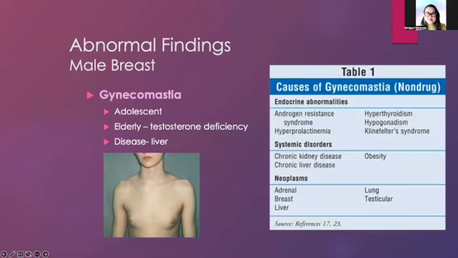Going back to gynecomastia, the main abnormal finding in males, this table also shows you non-drug reasons for gynecomastia. You will not be tested on this. Thank you for listening, and we will talk more about this in the male and female GU systems.